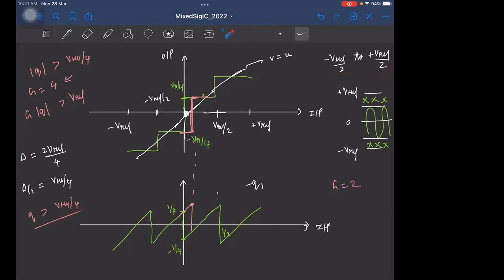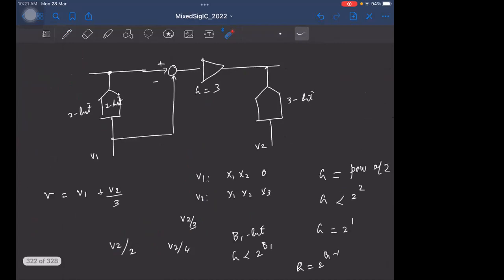But because of some error, it can go slightly beyond Vref by 4, and this might also slightly go beyond plus or minus Vref by 2. But that is still okay because it is well within our limits of plus or minus Vref, right? And of course, when we do this, say we have a 2 and 3 bit ADC like this.